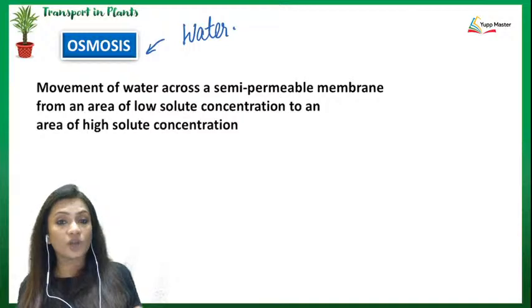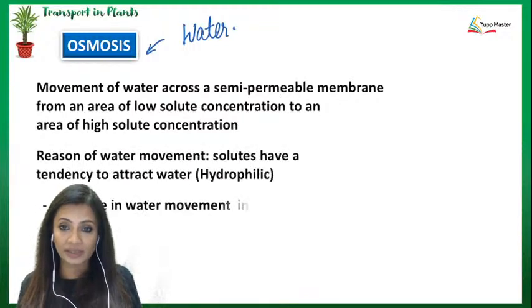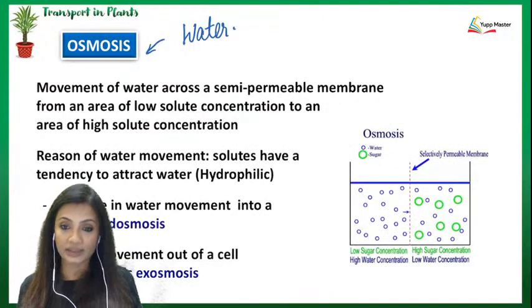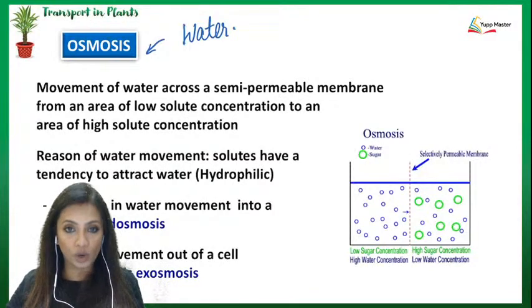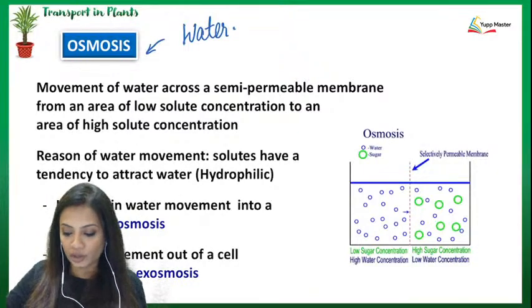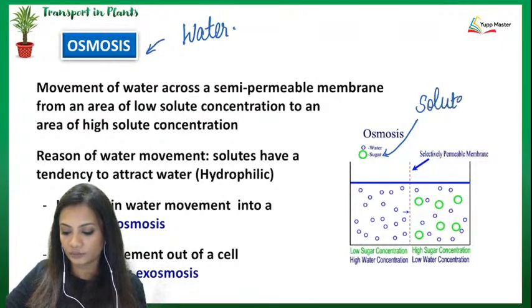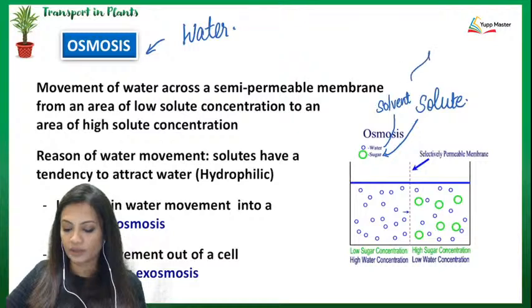So look at this diagram. The blue circles are indicating water and the green circles are indicating sugar. Sugar here is called the solute, and water would be the solvent. Together they make the solution.